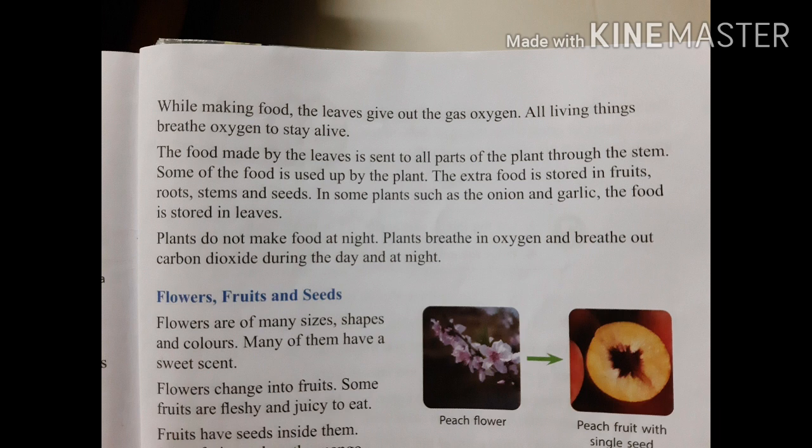The extra food is stored in fruits, roots, stems and seeds. In some plants, such as the onion and garlic, the food is stored in leaves. Plants do not make food at night. Plants breathe in oxygen and breathe out carbon dioxide during the day and at night.